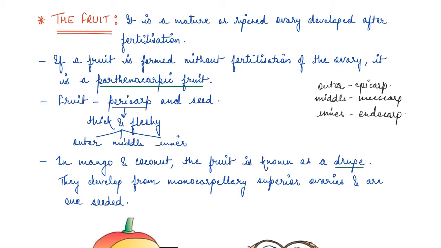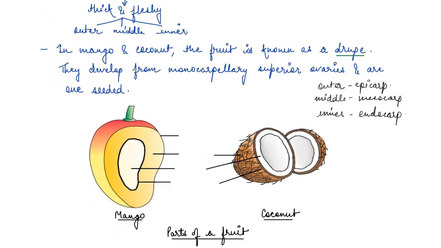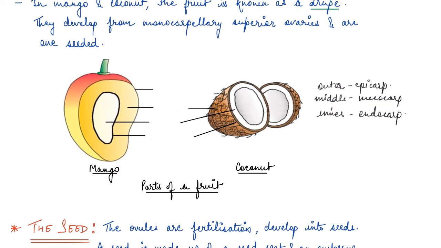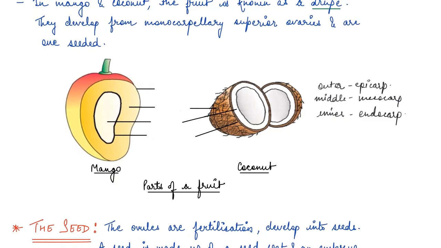Okay, so let's see this diagram of mango and coconut. There are two different fruits, right? So if I have to label it, the outer layer of mango is epicarp, right?